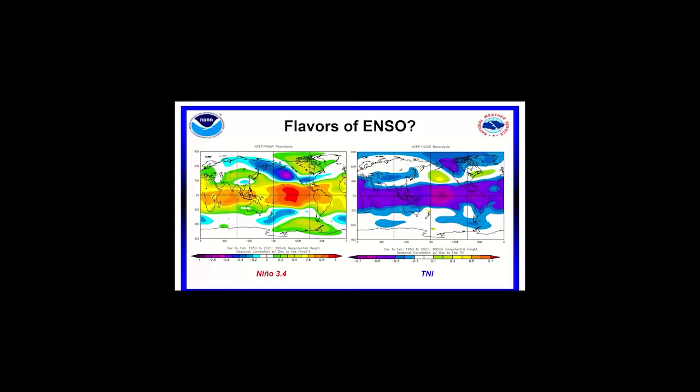The next thing I'm going to talk about real briefly is what we call flavors of ENSO. The concept here is that while El Nino is the warming of the tropical Pacific and La Nina is the cooling of the tropical Pacific, the spatial distribution of those sea surface temperature anomalies is not the same in every case.